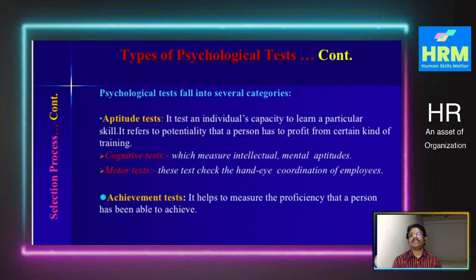So it is mainly to assess the capacity to learn a particular skill, that is the aptitude test, right? Cognitive test measures the intellectual and mental aptitude, and the motor test checks the hand-eye coordination of the employees. So these are the tests at the aptitude level we will conduct.